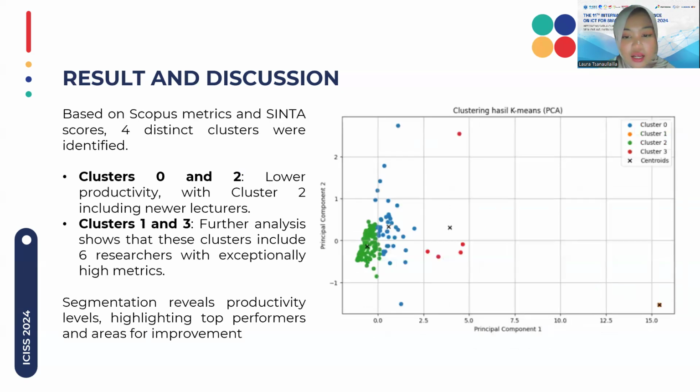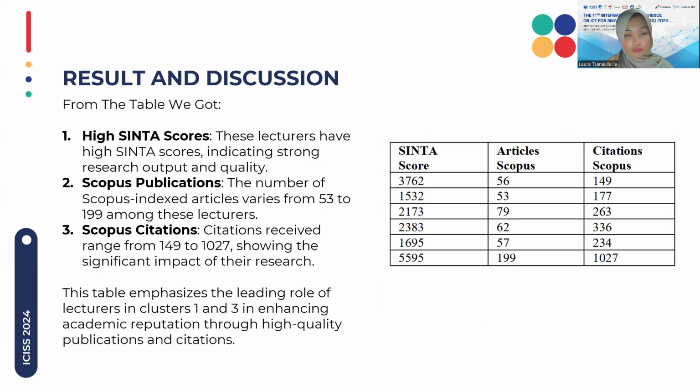Next is further analysis of the clusters based on Scopus metrics and Sinta scores. We can see clusters 0 and 2 have lower productivity, with cluster 2 including the newest lecturers, while clusters 1 and 3 include 6 researchers with exceptionally high metrics. The segmentation highlights top performers and areas for improvement.